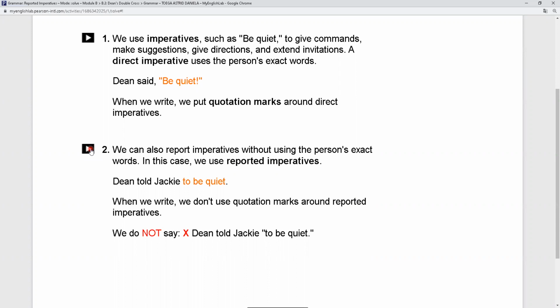Okay, now let's continue with the second point. We can also report imperatives without using the person's exact words. So I have to change it, modifying some words in order to keep the original meaning. As you can see, there is a huge difference between the direct imperative and the reported imperative. In this case, Dean told Jackie to be quiet.